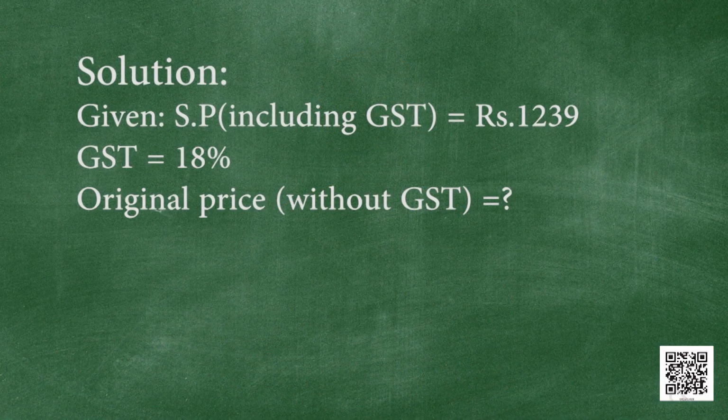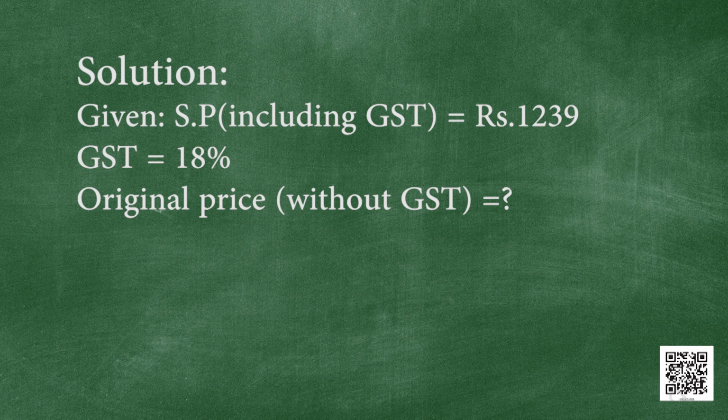Students, before we solve it, let's try to make a note of the given data. Given the selling price including GST is equal to rupees 1239. It's mentioned that GST is equal to 18%.